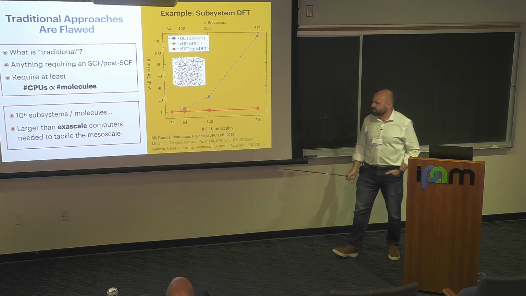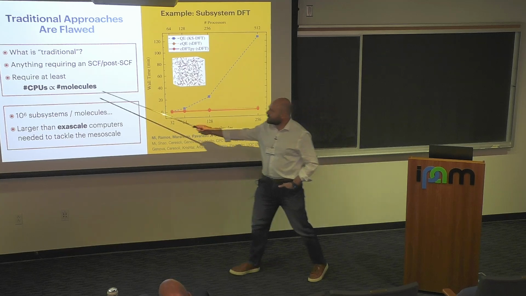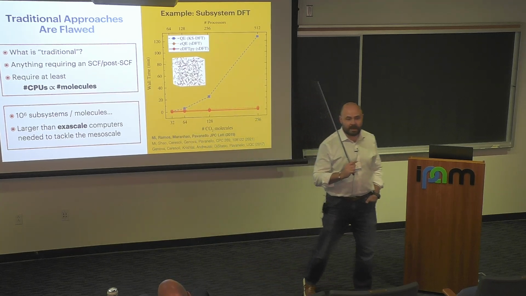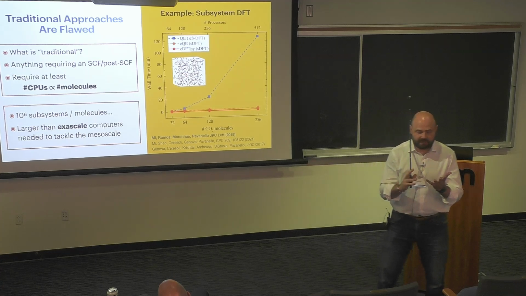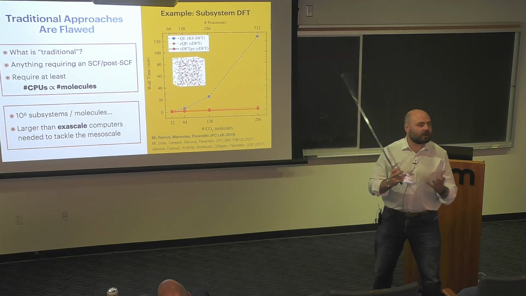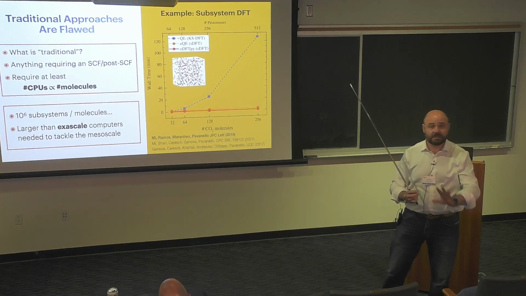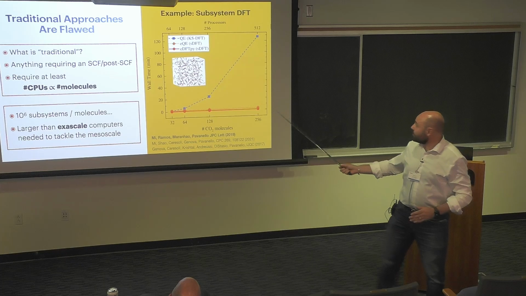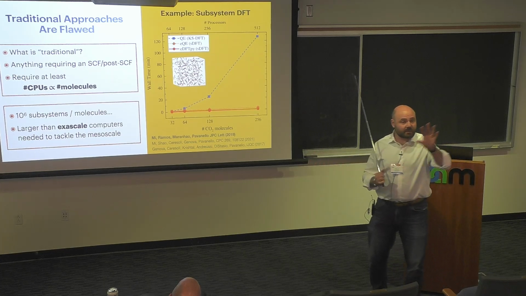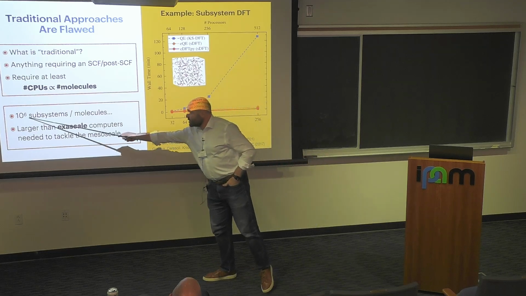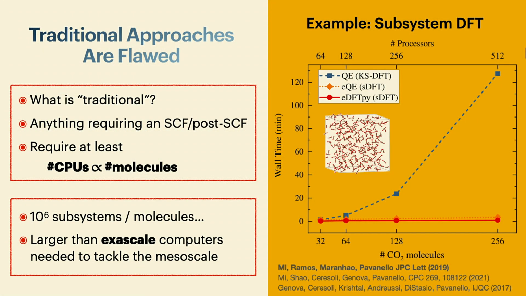for this problem. Problematic is that it requires a self-consistent field step, meaning DFT requires an iterative algorithm to solve the electronic structure for each of the subsystems. In this case, it was up to 256 subsystems, but in reality you need to consider 10^6 subsystems at least, or maybe 10^6 is enough.